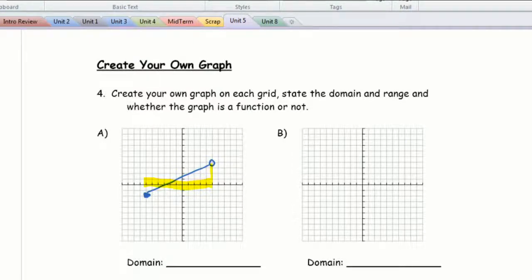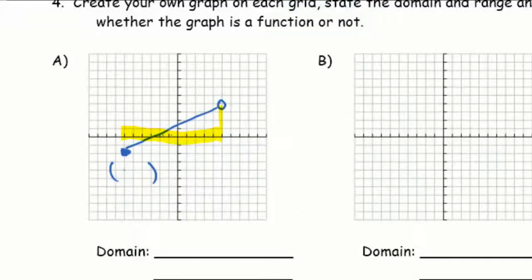I would use everything in yellow here. If I wanted to write this as an ordered pair, this point would be -6, and then I've gone down 2. And if I wanted to write an ordered pair up here for this one, I've gone over 5, and I've gone up 4.